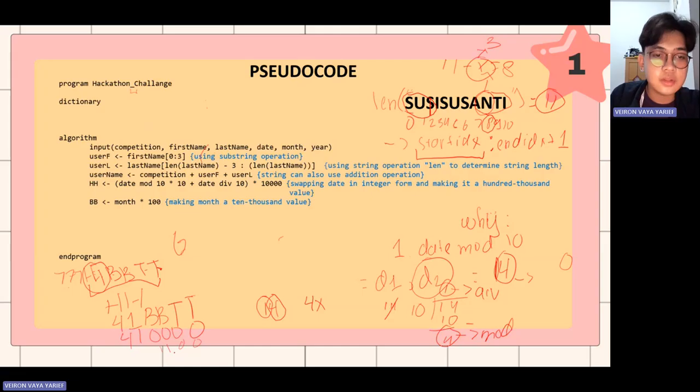This is what you do with month, okay? You will take it here. So after that, it's actually not 10,000, right? It will be a thousands value actually.